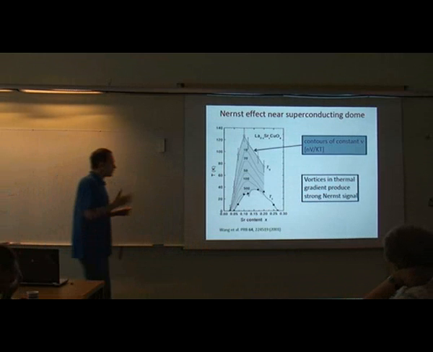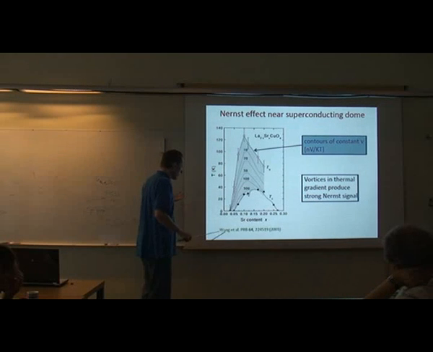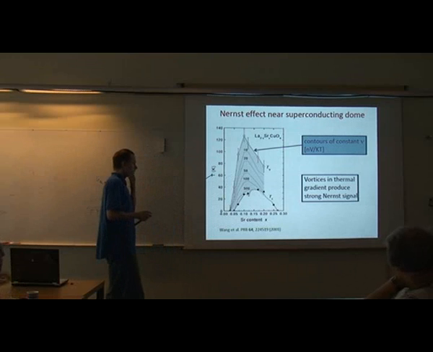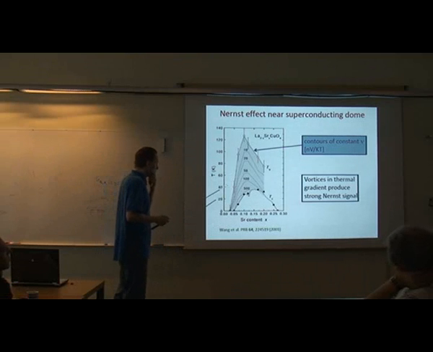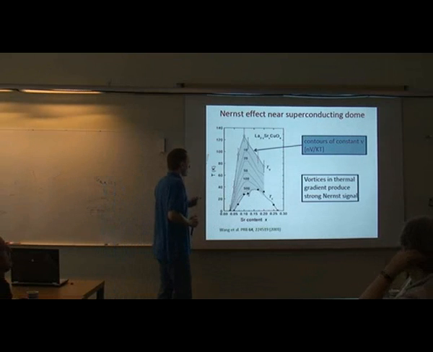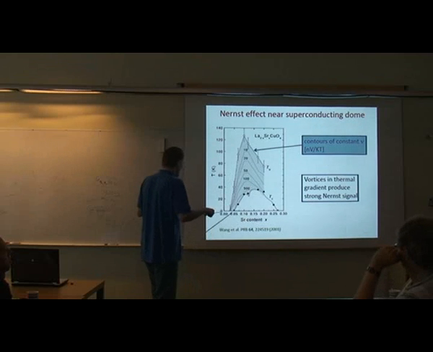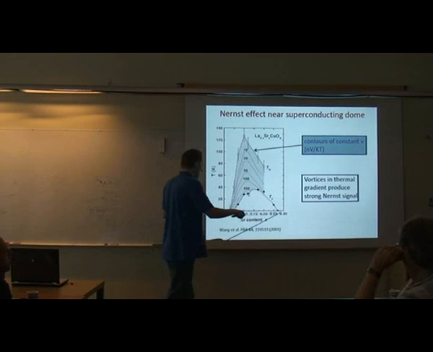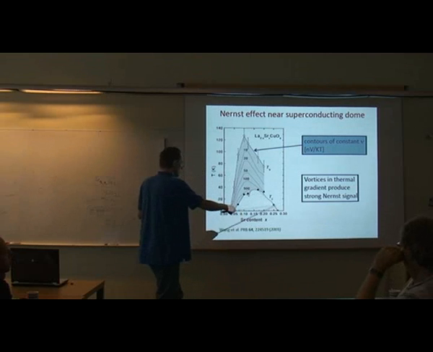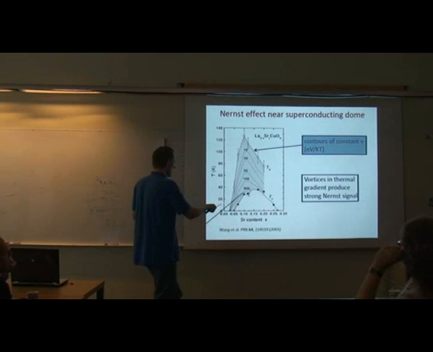Now, this is maybe the seminal measurement on the Nernst effect in cuprates, so I am forced to tell you this. This is a whole-dome material, so you change the doping across the whole range, and you see the superconducting dome is just this one here, where you have these data points.